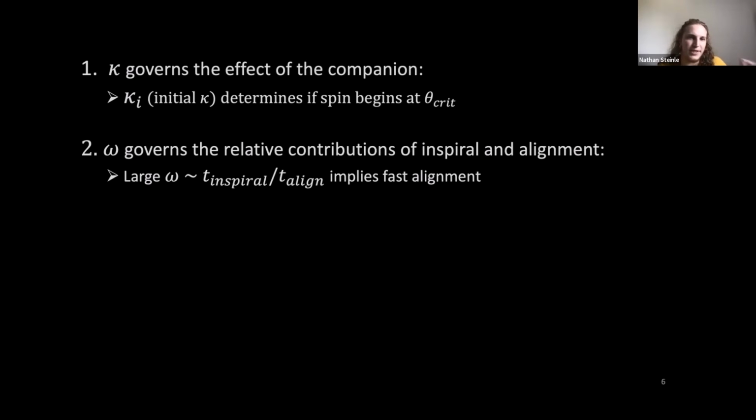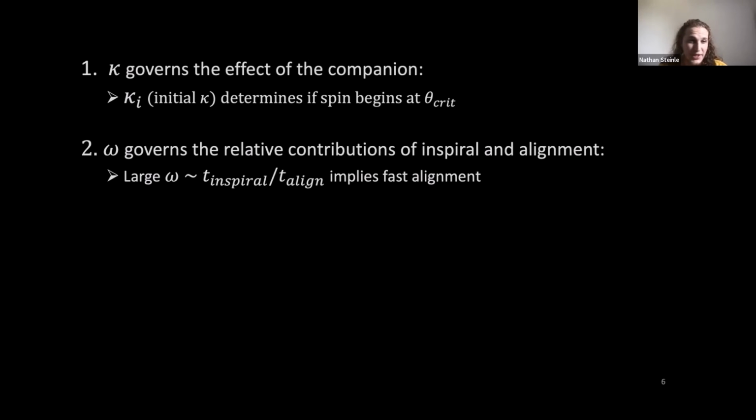So the initial kappa tells you how likely you are to not experience any alignment at all from the Bardeen-Petterson effect. The other parameter, omega, governs the relative contributions of the in-spiral and the alignment.